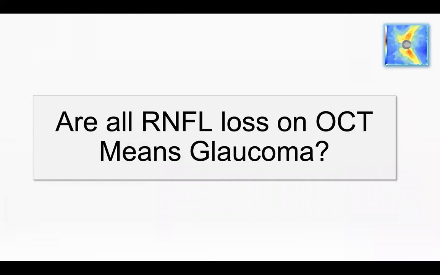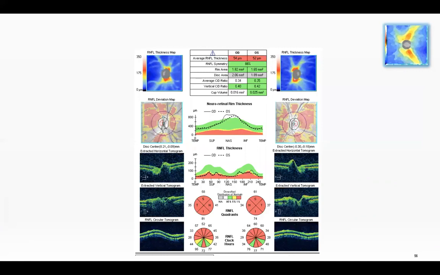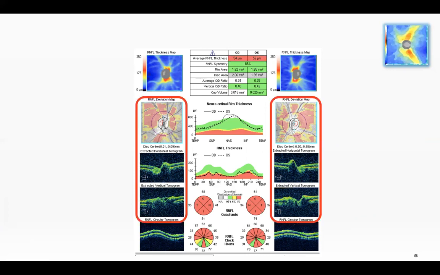Also, does all RNFL loss on OCT mean glaucoma? A good question. When you see RNFL loss, do not forget to check the vertical and horizontal tomograms and RNFL deviation maps, disc data, and also the neuroretinal rim thickness TSNIT plot, in addition to the cup-to-disc ratios on the summary parameters table.